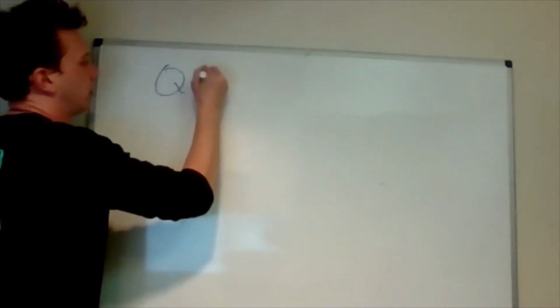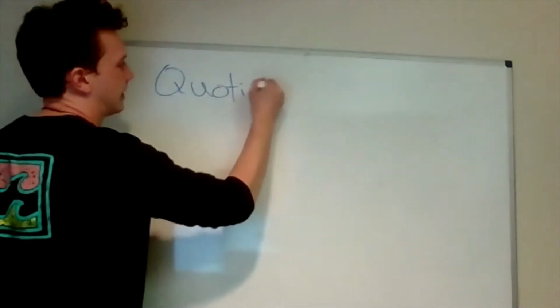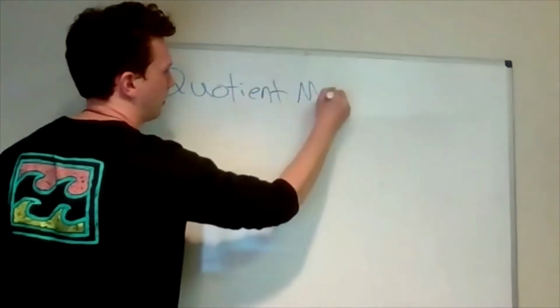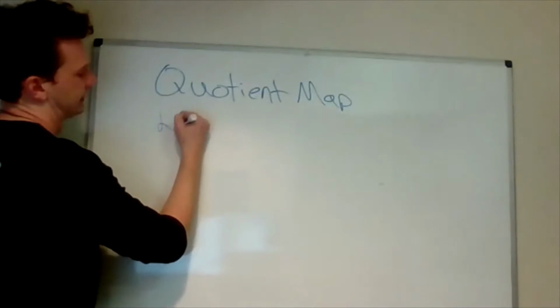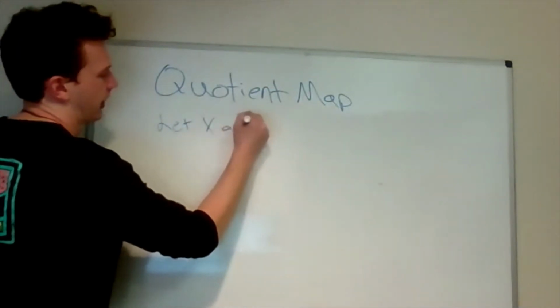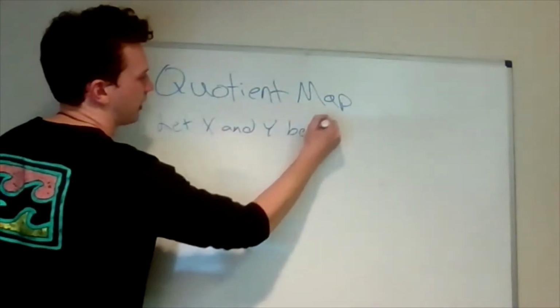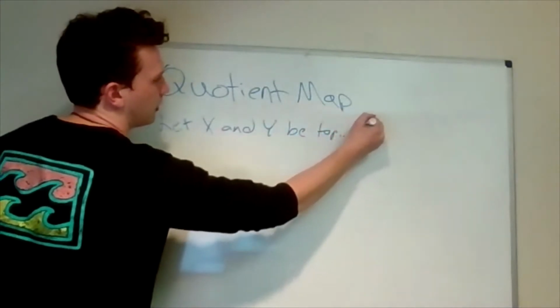And so let's get to the definition of a quotient map. We'll define it as: let X and Y be topological spaces.